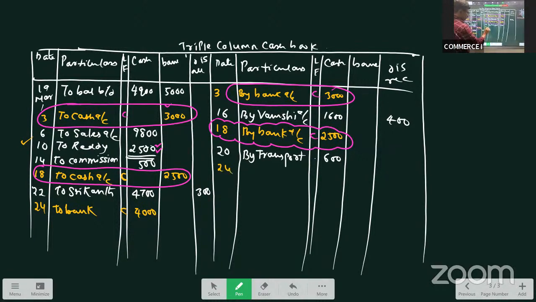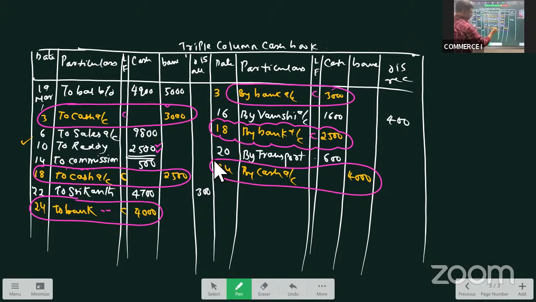Same entry here, by cash, amount in the bank column. Again, pay attention, please. When it is deposited, we write to cash, amount in the bank column. When it is withdrawn, we write to bank, amount in the cash column, right?